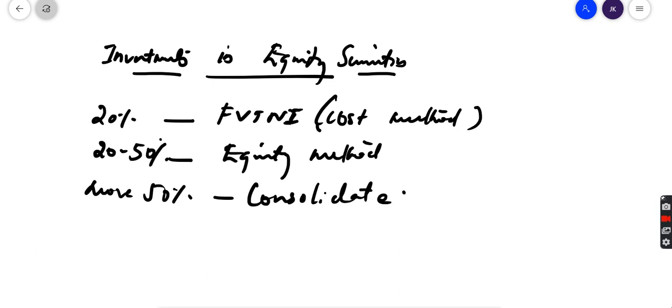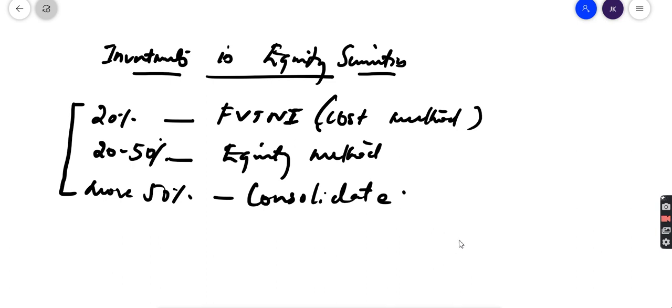You're the major shareholder, so you'll have to consolidate that company, right? So these are the specific stake percentages that you need to watch out for each of these methods.